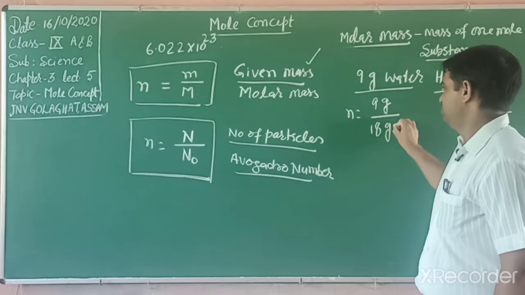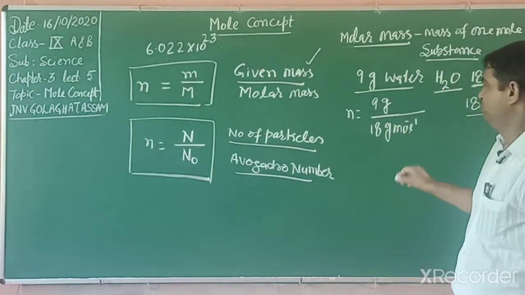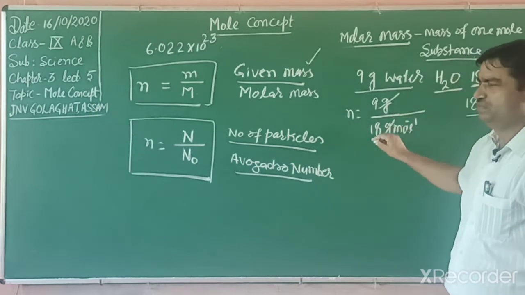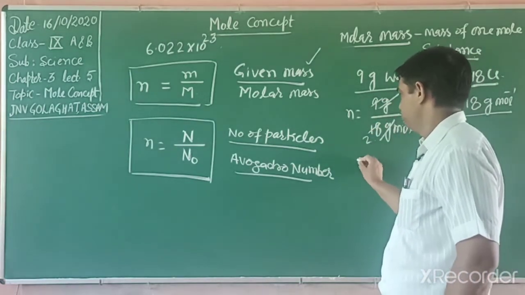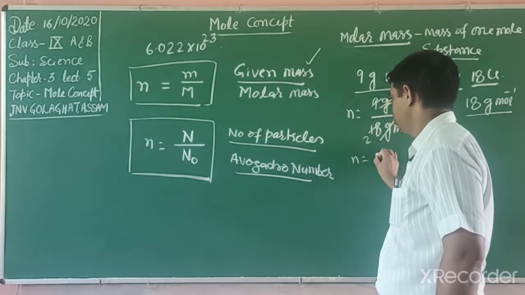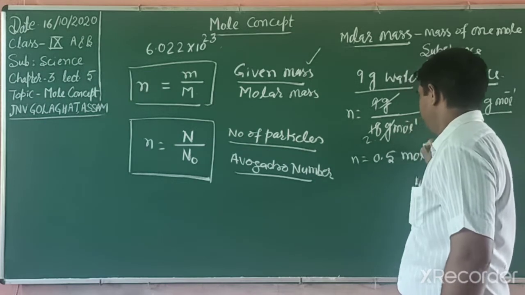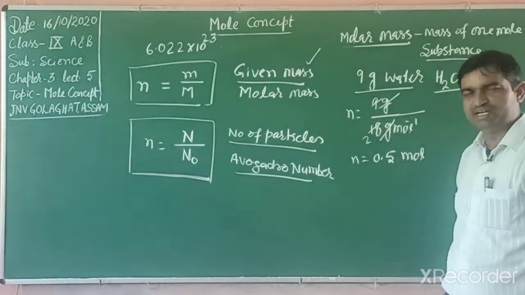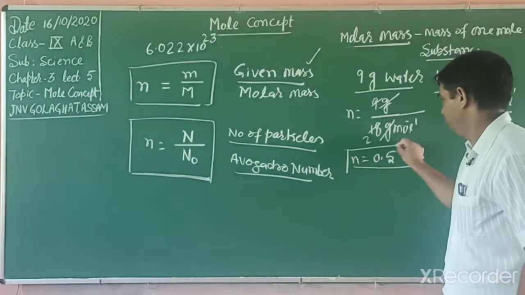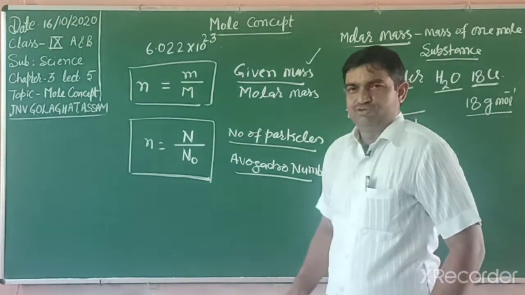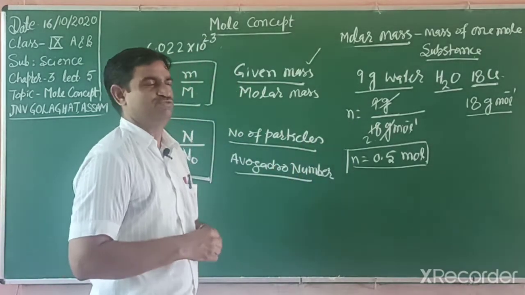So when we solve this, 9 by 18, 1 by 2 mole, n is equal to 0.5 mole. When mole inverse moves upside, the inverse cancels. Students, this is half mole. So at first we have to convert the given substance into mole.